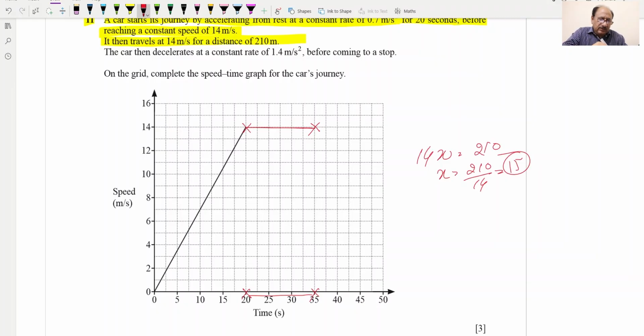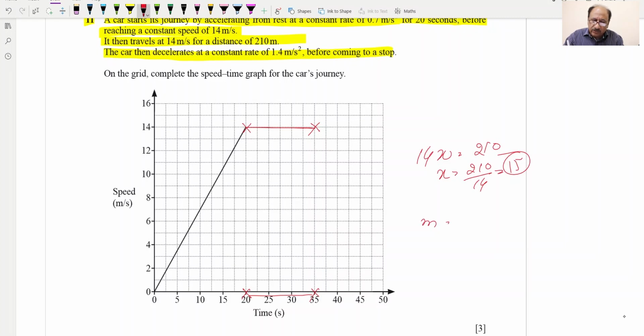Then they are saying the car decelerates at a constant rate of 1.4 meter per second squared. So rise over run, we know, is the gradient or slope, and deceleration is the negative acceleration.